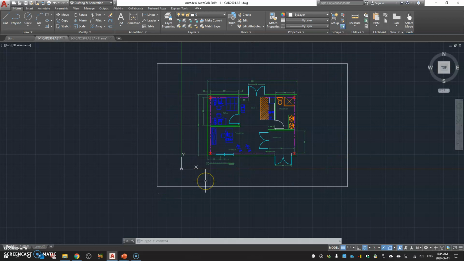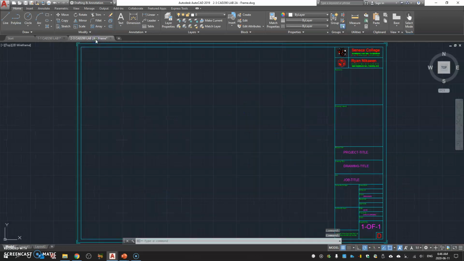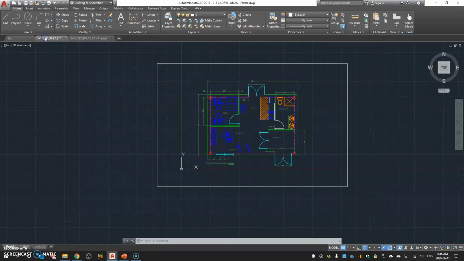So this is the title block or frame. This is your Lab 2A project. So you're going to work on this one during Lab 2A. And you prepared something like this now. So I want to put this one around this.